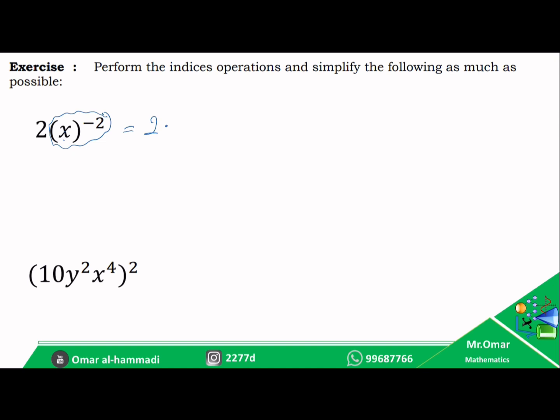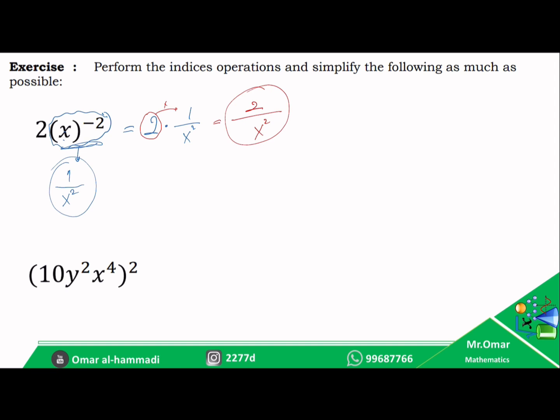What do you mean by x to the minus 2? This is the meaning of 1 over x to the power 2. So we have to write here 1 over x to the power 2. And now we multiply: 2 multiplied by 1 will give us 2 divided by x to the power 2. That's it.